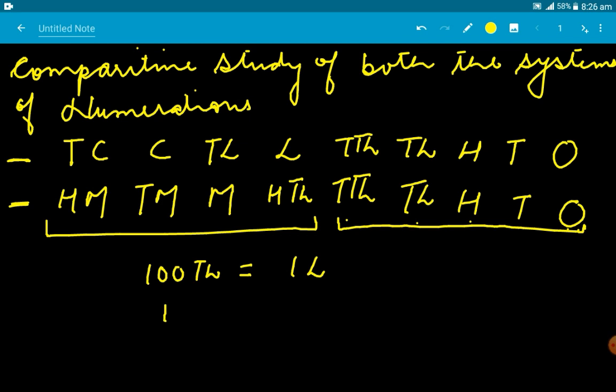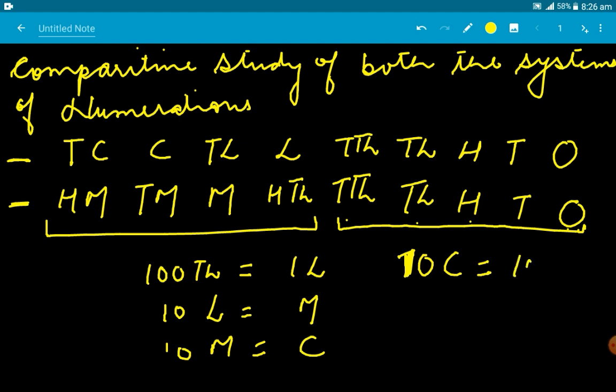Same way, 10 lakhs make 1 million, 10 million makes 1 crore, and 10 crore makes 100 million. So here we have done the comparative study of both the systems, and this will help you in understanding the system as well as finding the various values also.